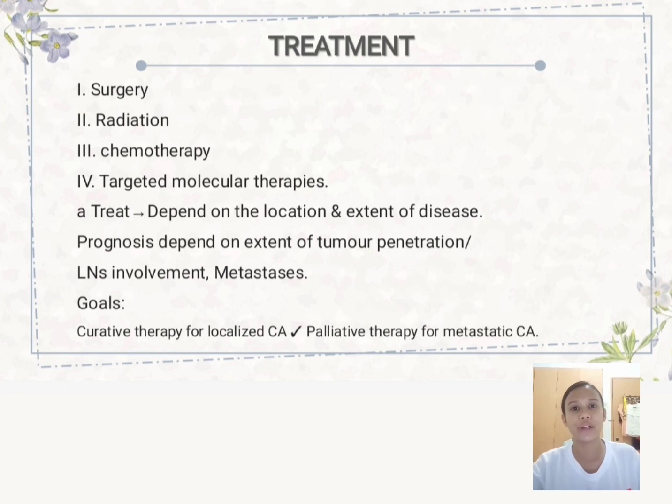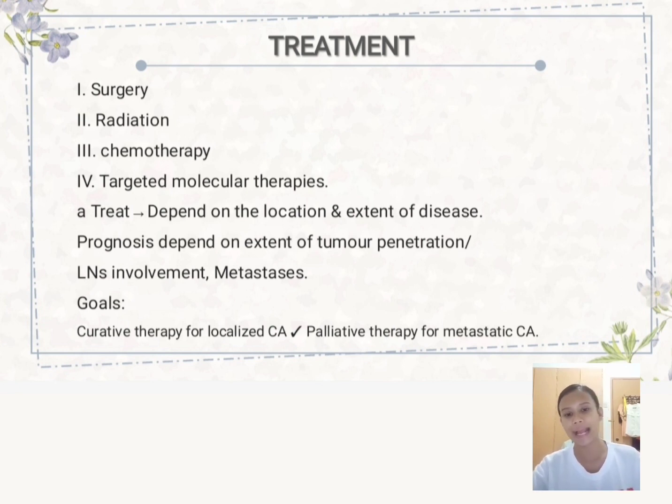The treatment for colon or colorectal cancer depends on the location and the extent of disease. It is important to remember that colon or colorectal cancer is one of the most curable cancers if detected early. So early detection or early diagnosis is important for colon cancer.